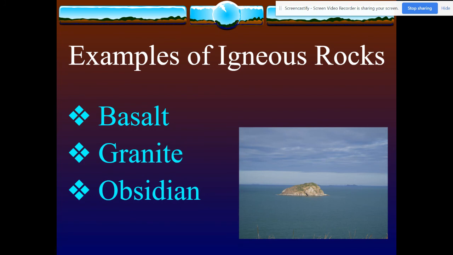Examples of that are basalt, granite, and obsidian. All these are pretty hard substances because when the magma solidifies, it turns into a very hard type of rock that can be very strong and very good for building materials. You see granite countertops in people's kitchens sometimes, because it's a very strong material and also a very attractive material. So that's why people like to use it.